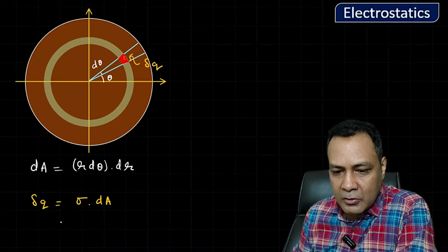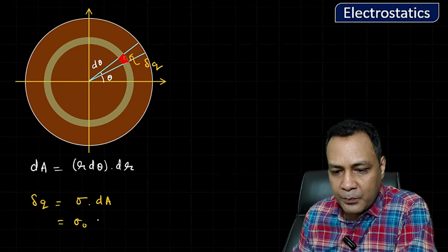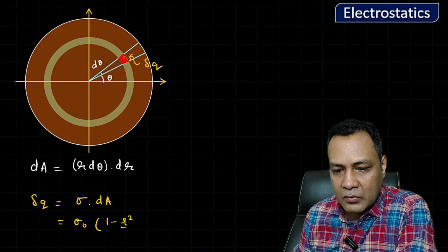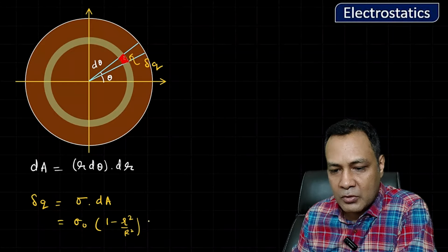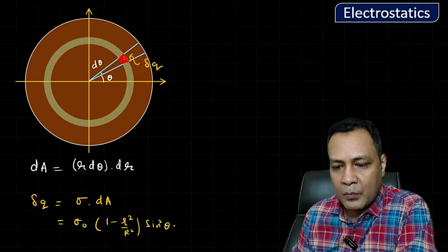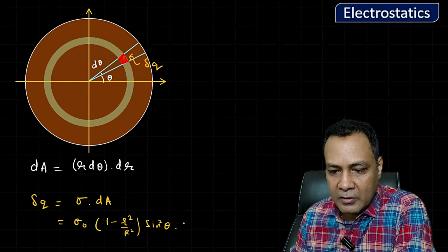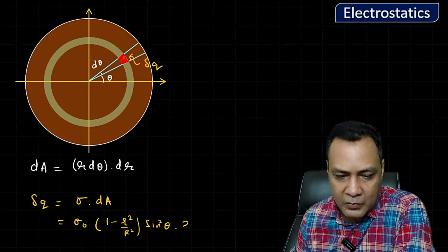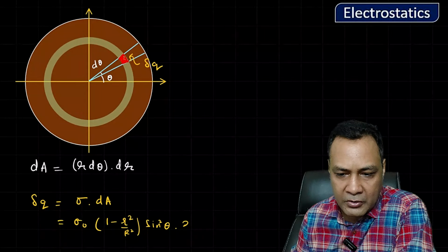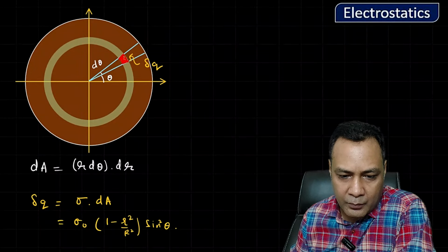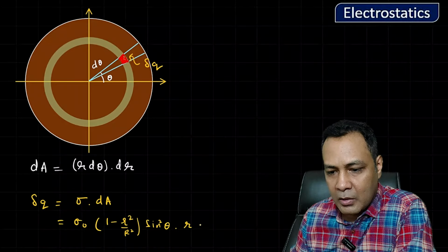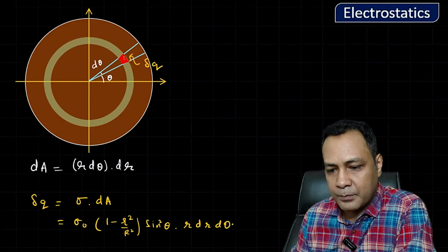So sigma is equal to sigma naught into 1 minus r square by capital R square into sine square theta, and dA I can write as r dr into d theta, r dr into d theta.